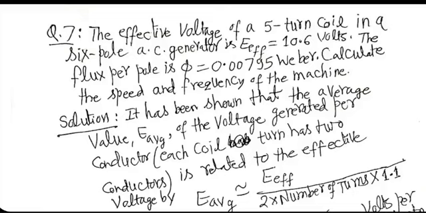The effective voltage, that means RMS voltage, of a 5-turn coil in a 6-pole AC generator is E effective equal to 10.6 volts. The flux per pole is phi equal to 0.00795 Weber. Calculate the speed and frequency of the machine.